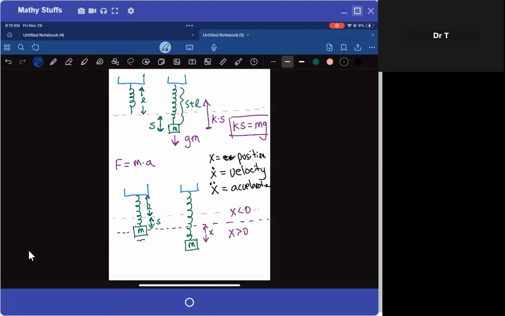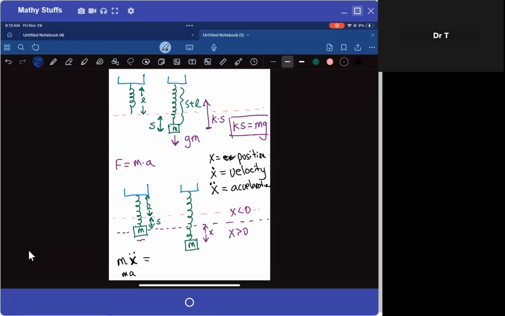So I can come down here and say the mass times the acceleration that's produced by all the forces acting upon it. So x double dot is our acceleration. Again, this is ma right here, is going to equal the sum of the forces acting on the system.